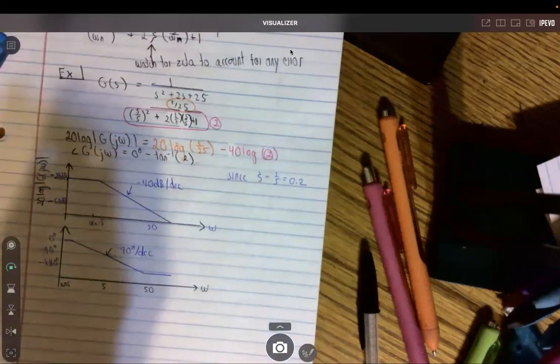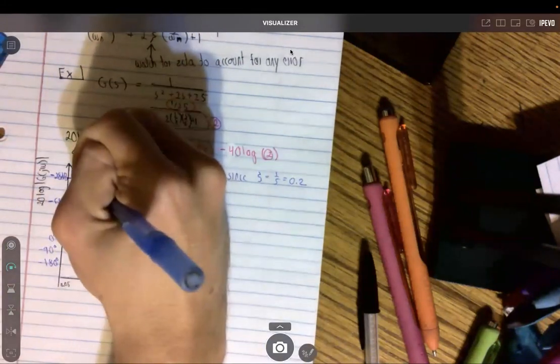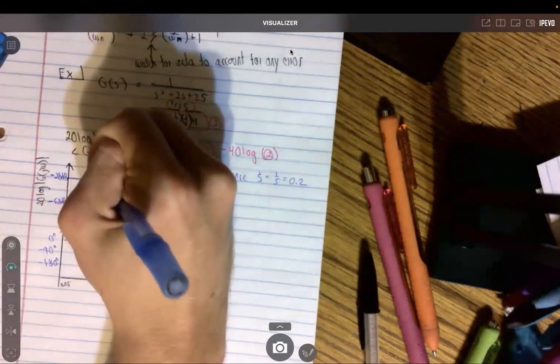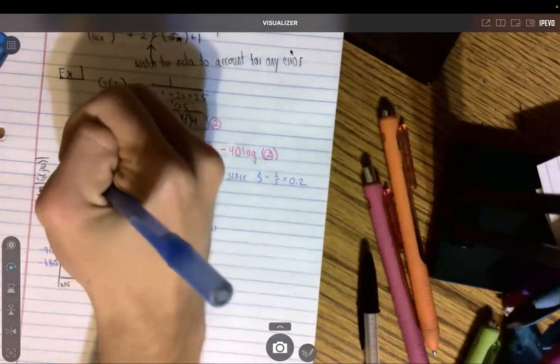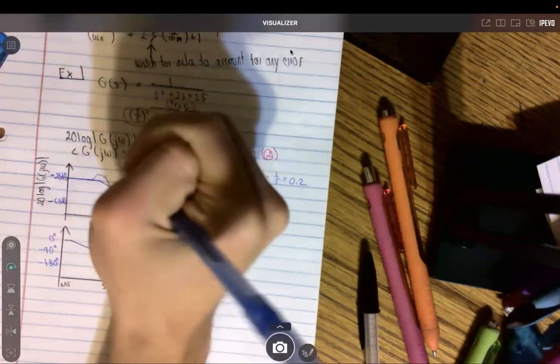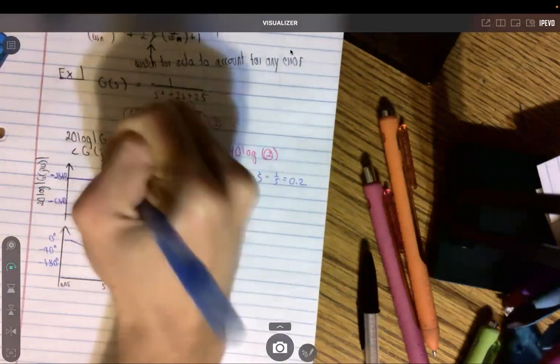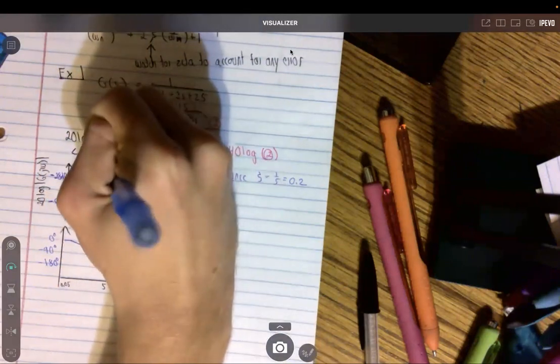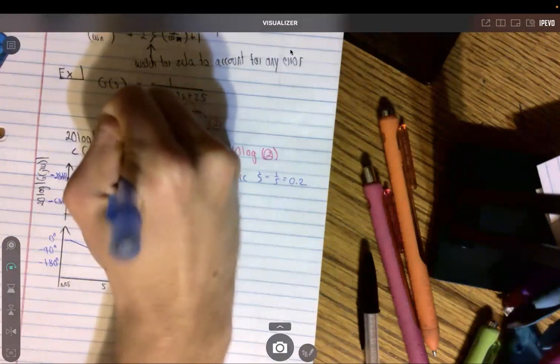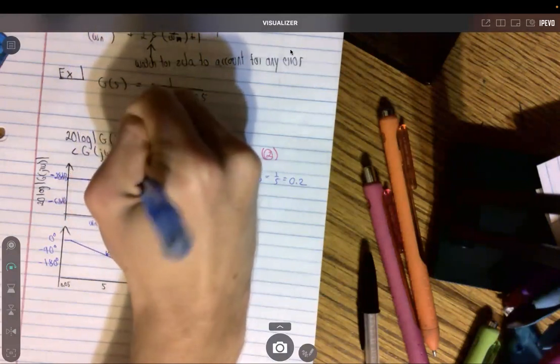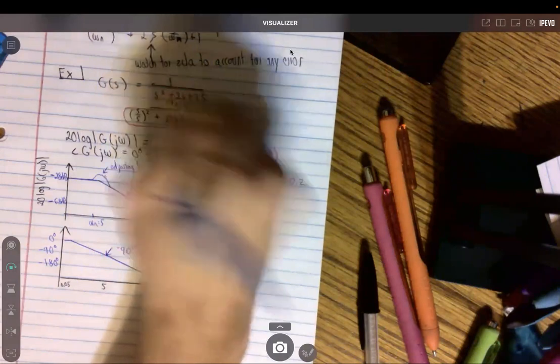And then, so what you're going to have to do here is you're going to have to show that you took into account the error by going about like 10 decibels up, and you'll say that this is due to the zeta. So adjusting for the error due to your zeta, because your zeta equals 0.2.